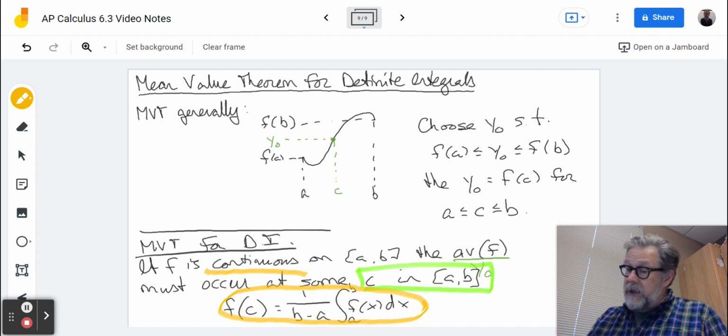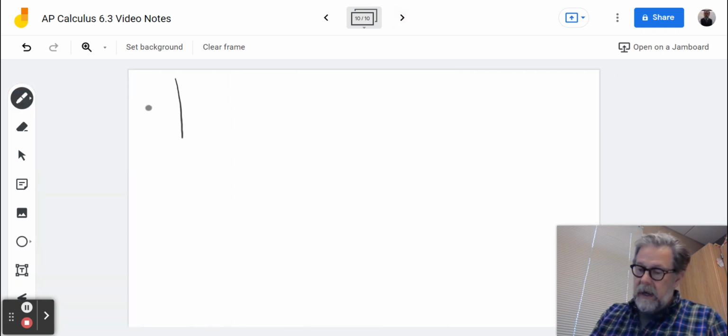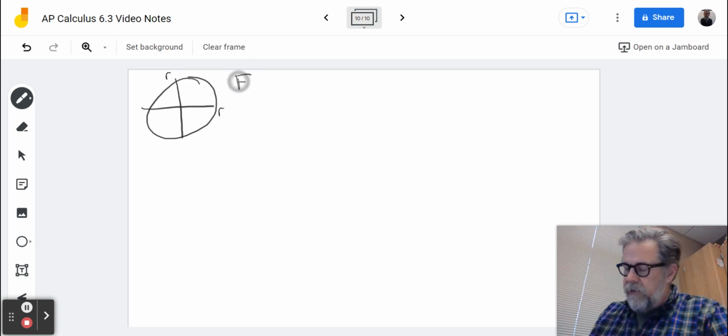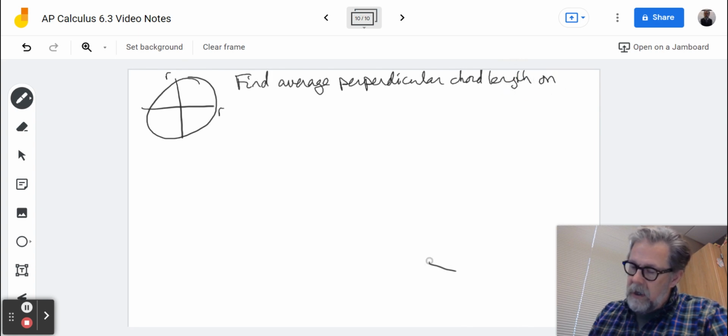All right, let's do a quick exploration. We are going to look at a circle. The circle has radius r. And what we want to do is find the average perpendicular chord length on the interval negative r to r.